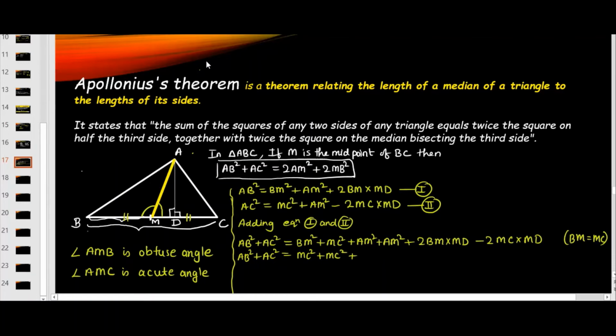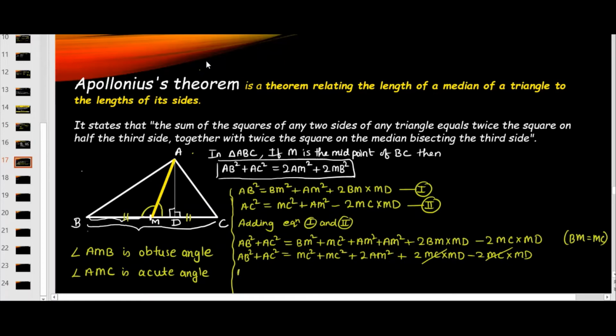Here you see 2 AM square are there, so I will just add them. Here 2 BM, in place of BM, I will write MC, so it will become 2 MC multiply MD minus 2 MC multiply MD. If you see here, there is 2 MC multiply MD positive and this is negative. I can cancel both.